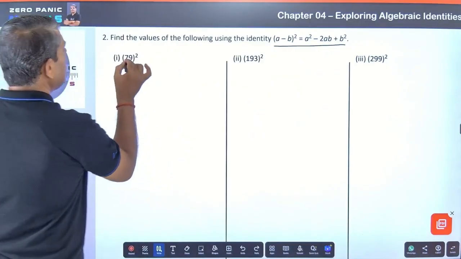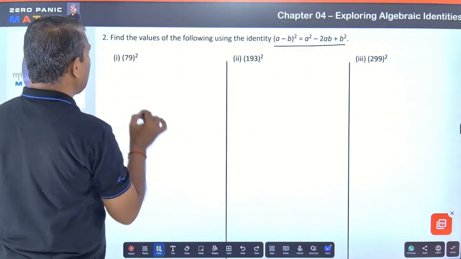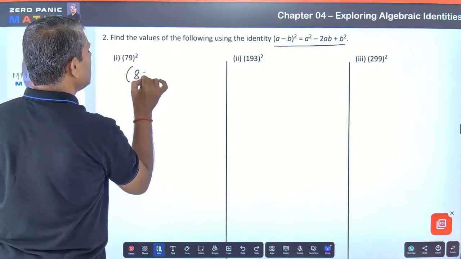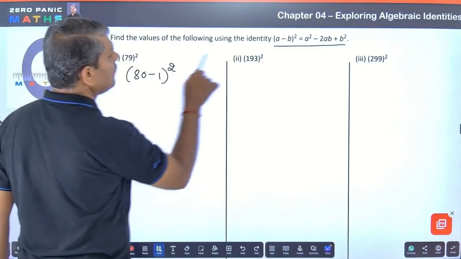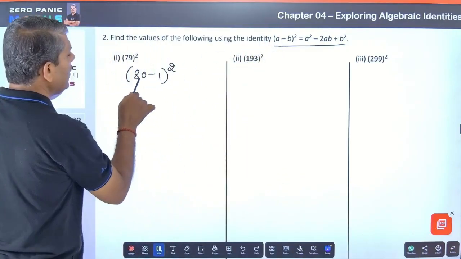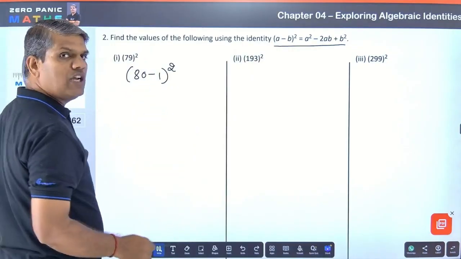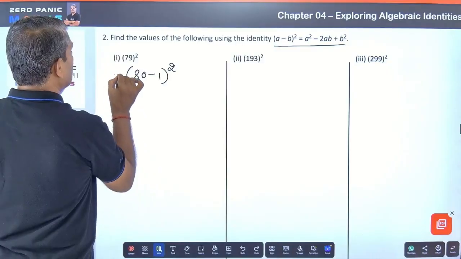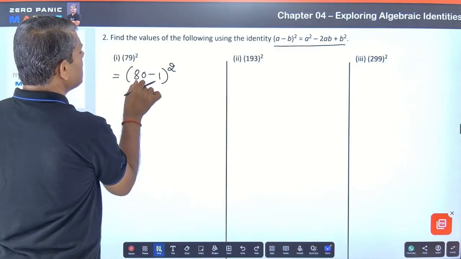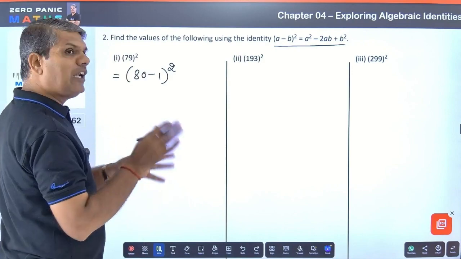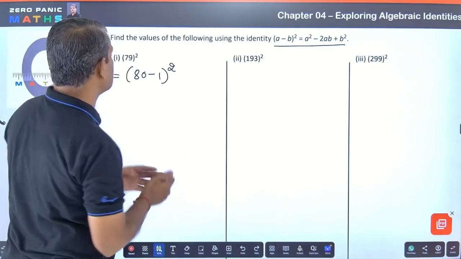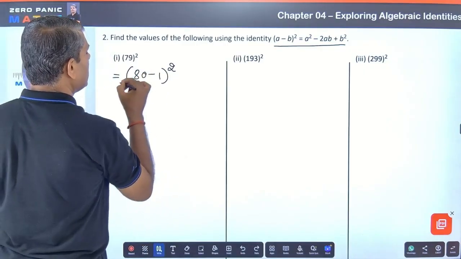Now we need to write 79 square as 80 minus 1 whole square, so that it is converted into the form of a minus b whole square, where a is 80 and b is 1. Why are we writing this in terms of the multiples of 10? Because if you write it in such a way, then it will be easy for us to calculate the squares of those and do the similar multiplications.